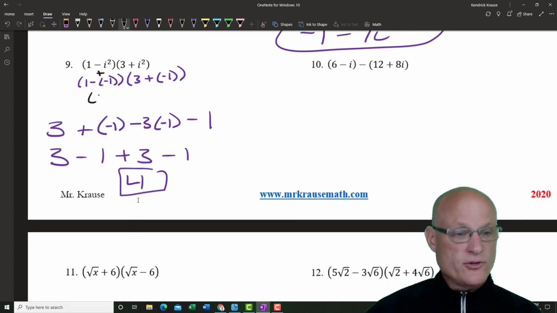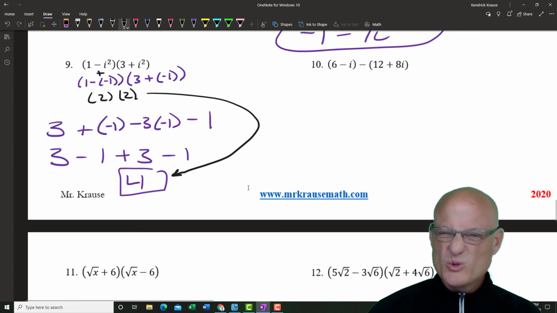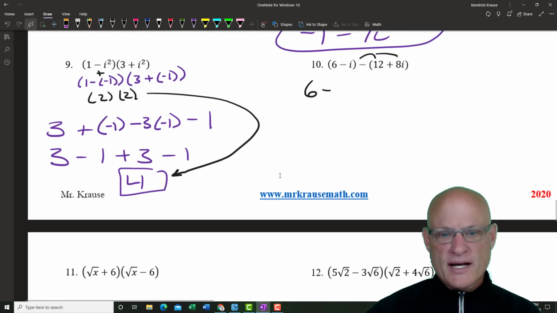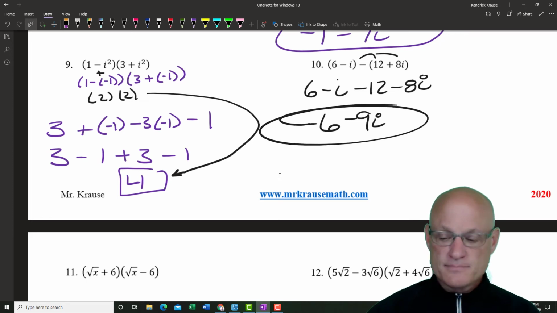So this is really just 2. And this is 3 minus 1, which is just 2. 2 times 2 is 4. Oh, that was so much easier. Distribute the negative. So 6 minus i minus 12 minus 8i. Combine them. 6 minus 12 is negative 6. Minus i minus 8i is minus 9i.